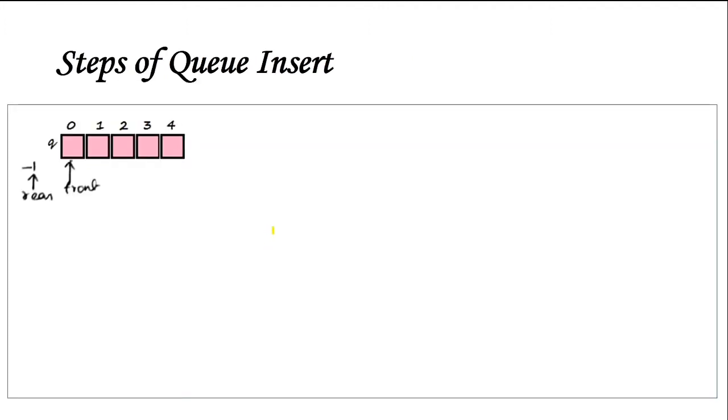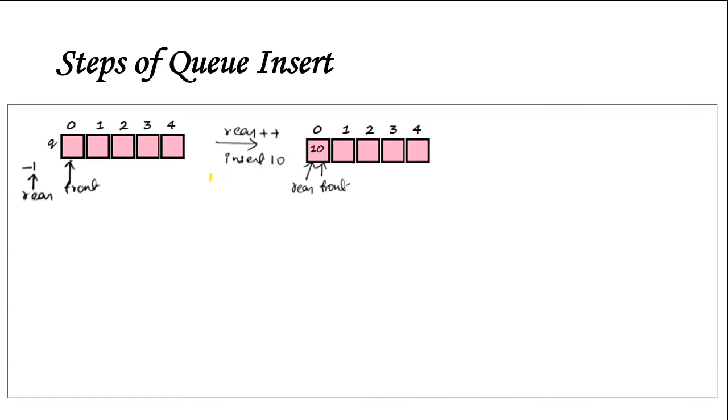So how can we insert? What are the different steps? This is the empty queue. In the first condition, front is pointing to 0 here and rear is pointing to -1. Now if I want to insert an element, what I need to do? I need to increment rear by 1 so that rear will point to 0 and insert the element at the 0th position. So I want to insert 10 now.